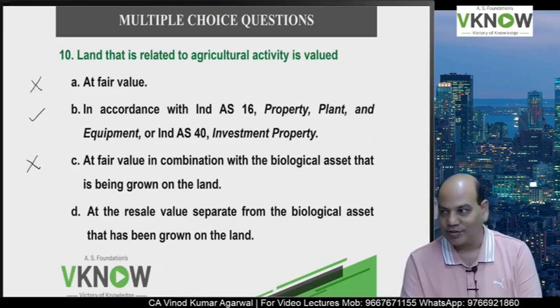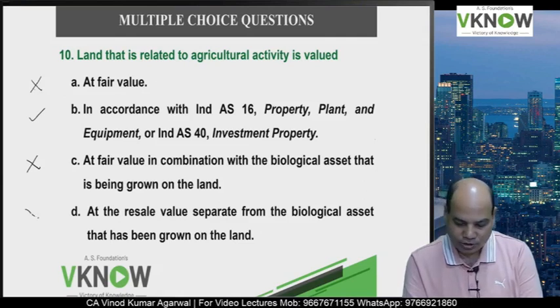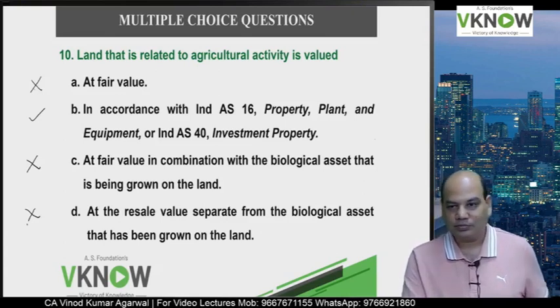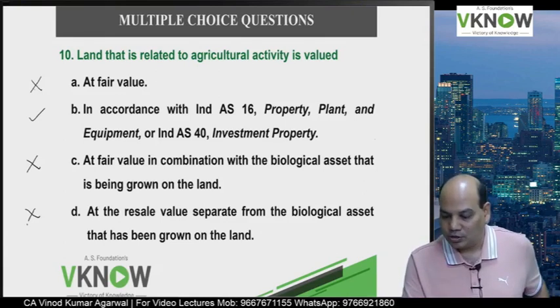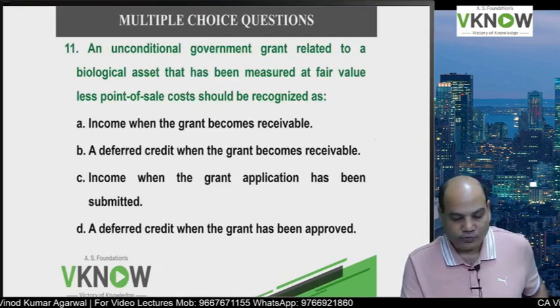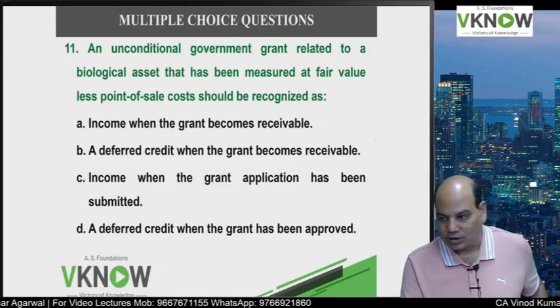Amazing. Students, at the resale value separate from the biological asset that has been grown on the land, there is no such statement in our standard. If you have not studied, then you will apply your own Ind AS. So the answer was B. You have to follow Ind AS 16 or Ind AS 40 if it is a leased asset.